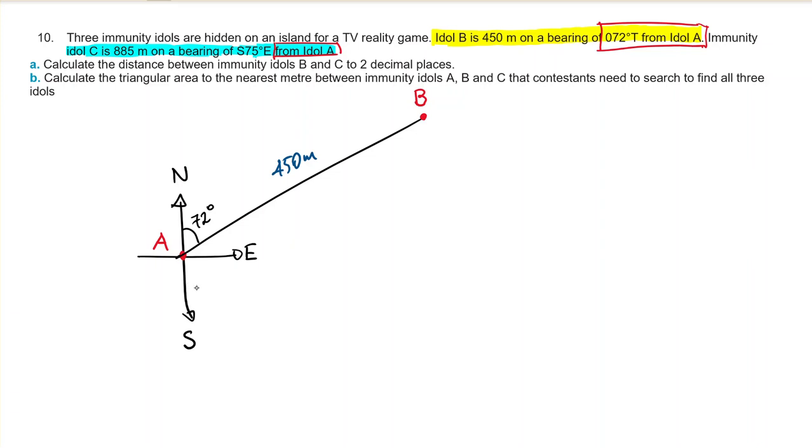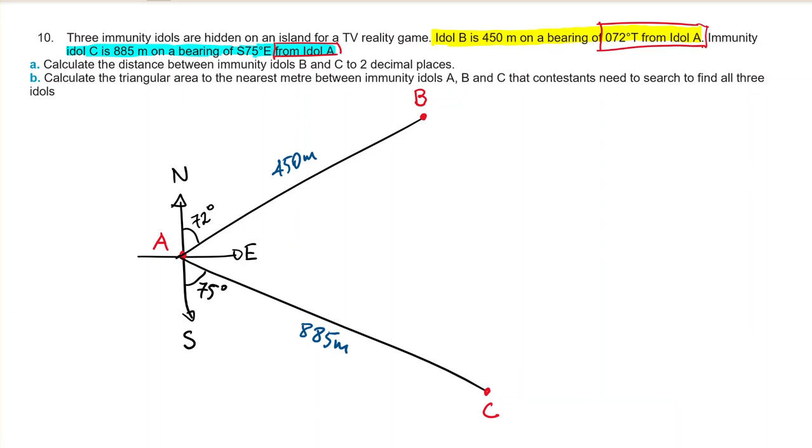So this time anti-clockwise this way, southeast is at 75 degrees. Again, something similar where we have something like that. That's 75 degrees, and we will call that point C, and it is 885 meters away from A. So that's the most important stage, getting those done there.